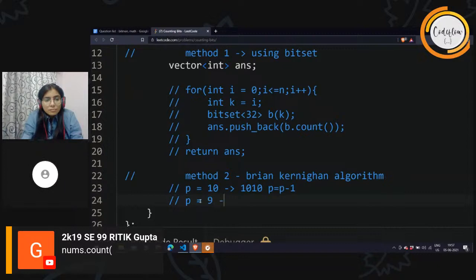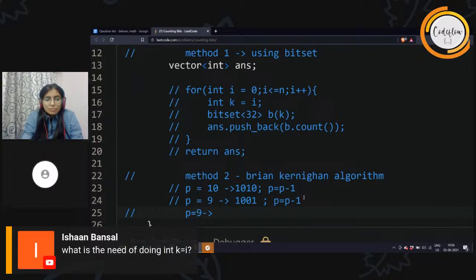It will be 9 and it will be in the form of 1001. Then again I do p is equal to p minus 1. Now my p will become 8, and it will become 1000. And again p is equal to p minus 1.